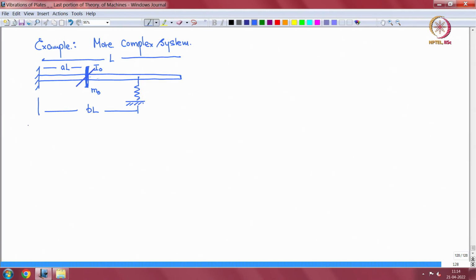Okay. So now again the f of x, okay, I will use the admissible functions which are sum over j equal to 1 to n, phi j bar, let us say. Okay. The same ones can be used, x over L whole square, x over L whole cube. These are admissible functions, they satisfy the conditions here and here.